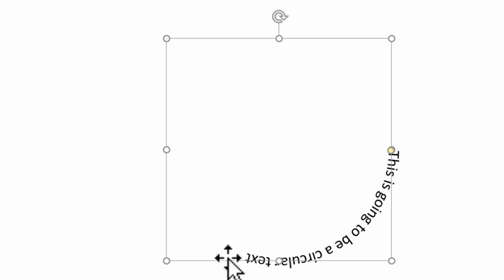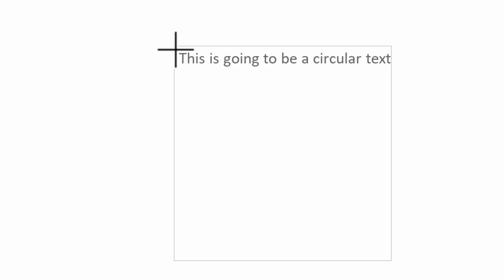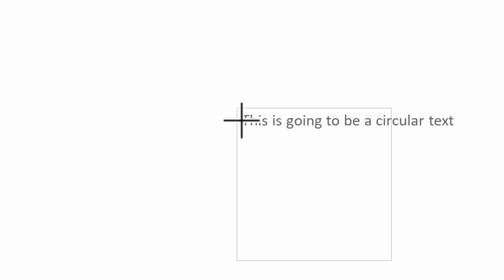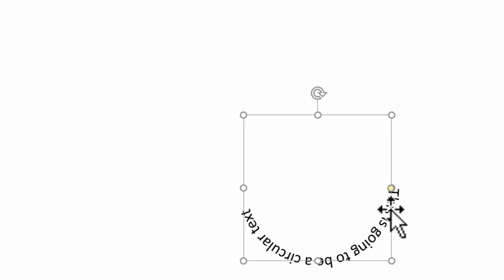Now how do I fill the text so that it covers the entire area? It is very easy and all you need to do is to type more text so that the text fills the entire area. If not, then you can reduce the size of the square here. So I'm going to hold the shift button down as I click and drag from the corner so that I can retain the proportions, and as I did that, you can see that now there is more of the circle that is occupied.